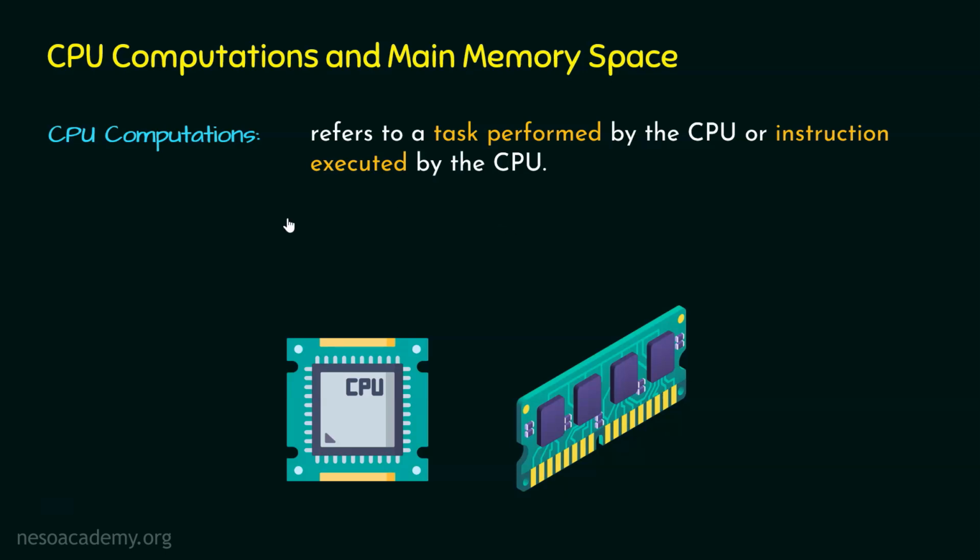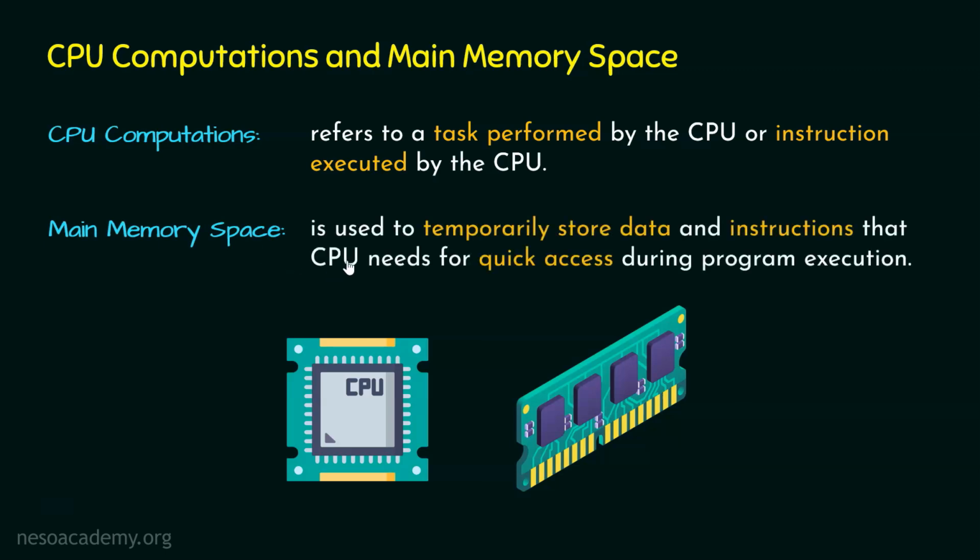Now, what is the meaning of main memory space? Main memory space is used to temporarily store data and instructions that the CPU needs for quick access during program execution.